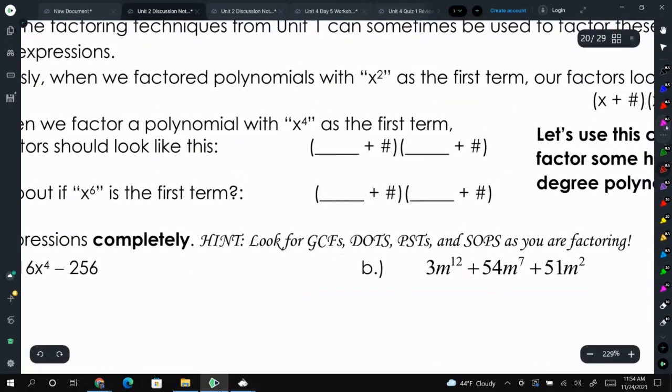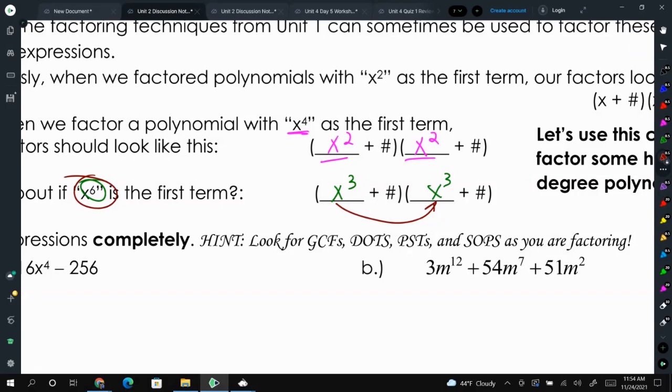So we have that down here. If we're x to the fourth, it's going to be x squared plus an x squared, the thing in front of both parentheses. And then if it was the sixth, well, half of 6 is 3, so x to the third and x to the third. Because when you multiply these together, you would get x to the sixth.